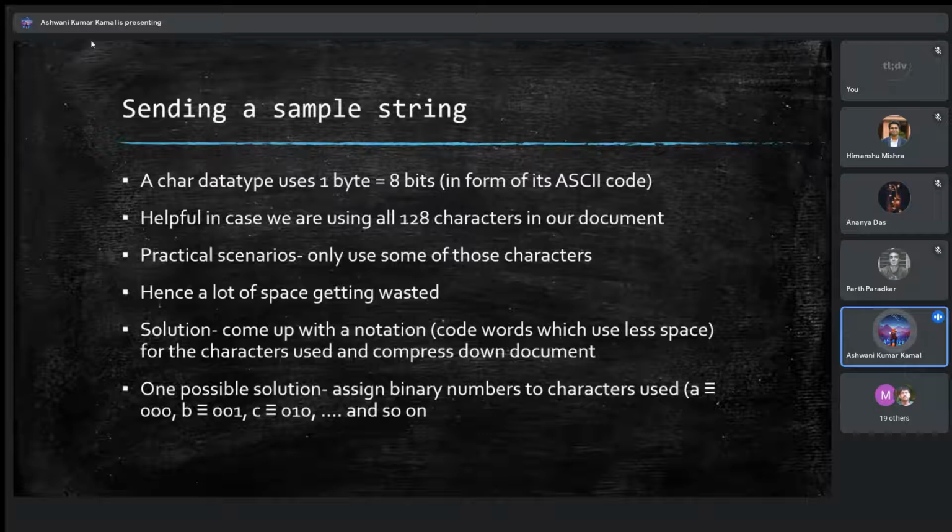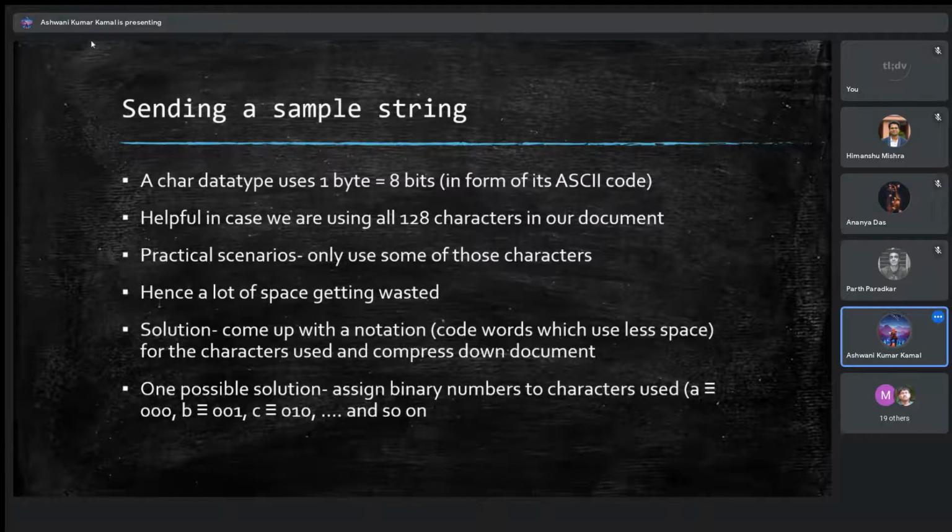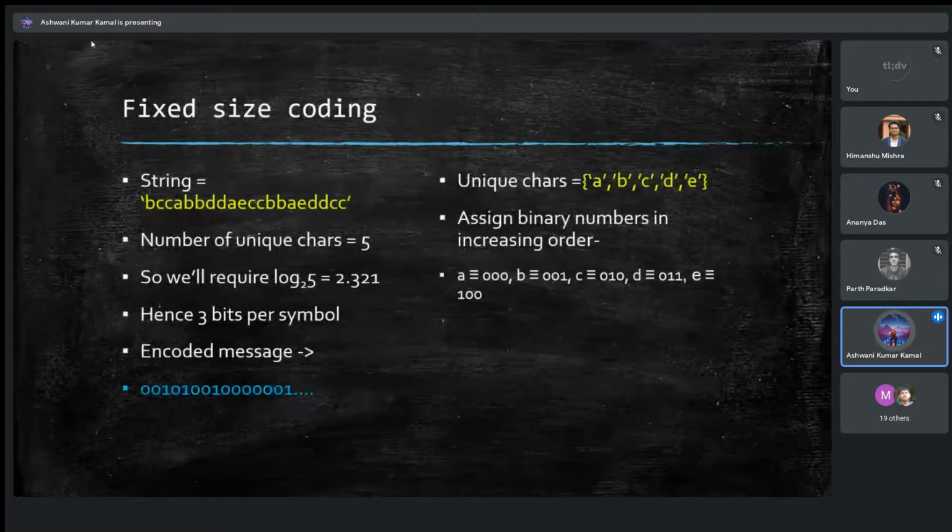Let's say A goes to 000, B goes to 001, C goes to 010, and for all the unique characters that you're using in your document, we can assign them binary numbers, and we can attach this little dictionary with the message, and then tell the decoder how to decode it. We'll see how exactly it is done. So the first thing that we'll be discussing is fixed size coding.